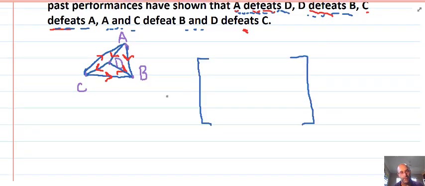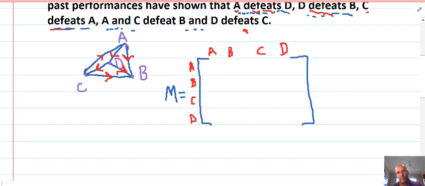Another common way of showing this information is with a matrix M. You don't have to write these little letters as labels, because in a matrix we generally don't label rows and columns, but just for the sake of instruction.